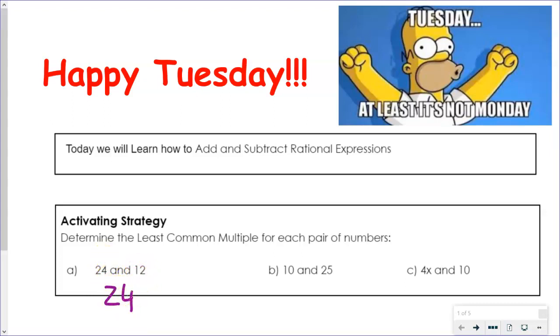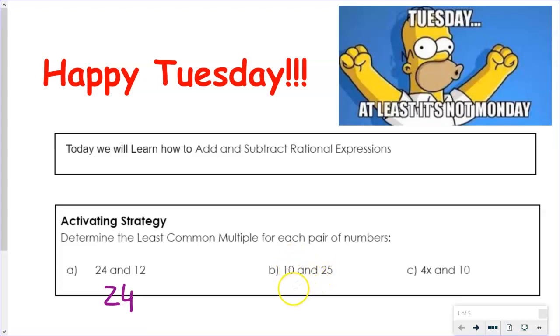So again, least common multiplier is common denominator. It will not be 2 or 4 or 3 or 6. That's a factor, something that we factor out. Least common multiplier, that's our common denominator.